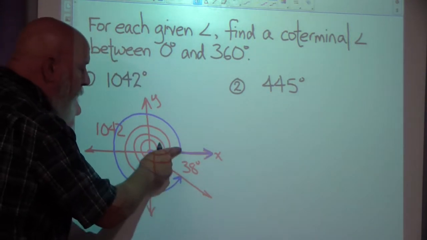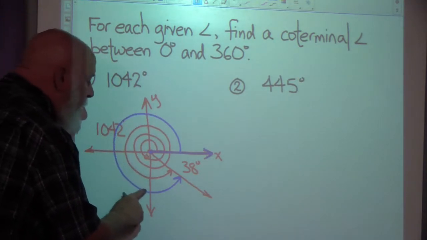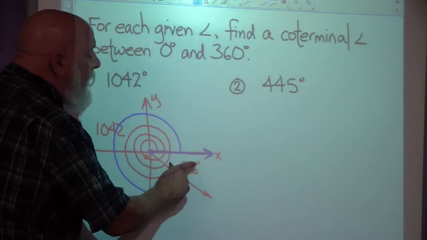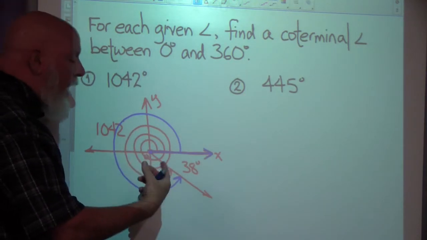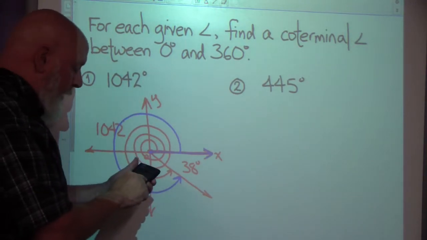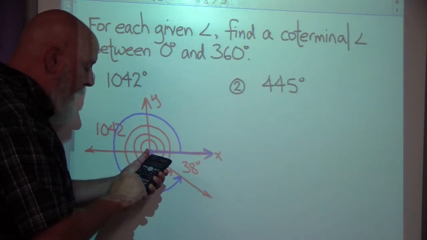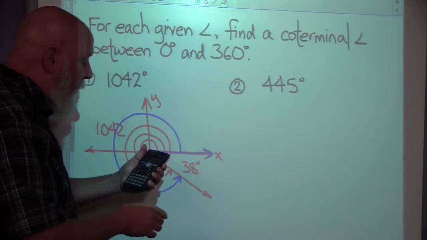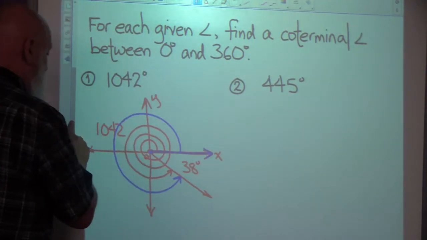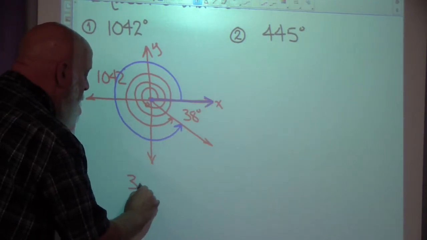So if I stop here, what's the measure of this angle, this rotation? Well, it's less than 360 degrees. In fact, it's 38 degrees shy of 360 degrees. So this rotation is 360 minus 38, which is a rotation of 322 degrees. So my coterminal angle is 320 degrees.